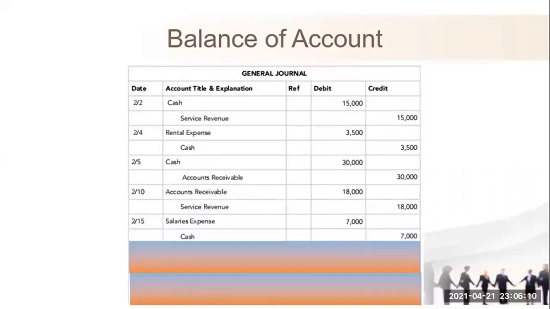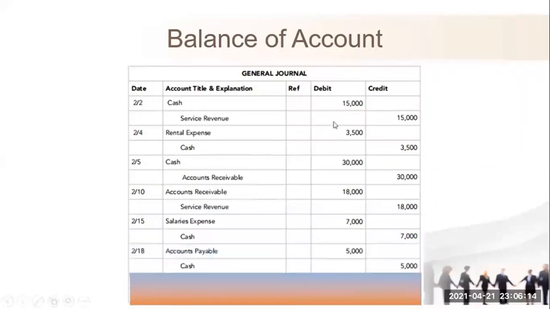Salaries expense, nagbayad tayo. So, nababawasan ang cash natin, credit ang cash. And then, ito naman, for example, nag-purchase tayo ng equipment from last month siguro. Ayan. And then, magbabayad na tayo ngayon, no? So, yung accounts payable natin nasa debit.